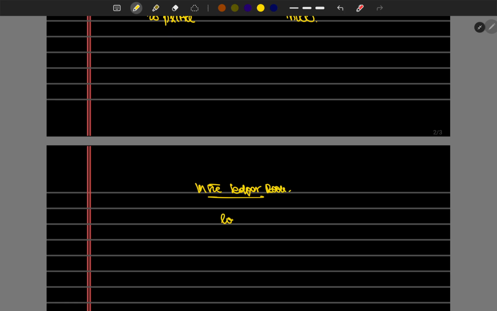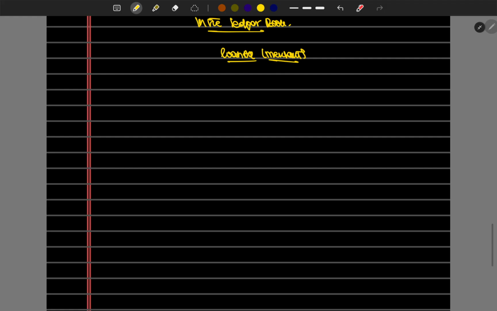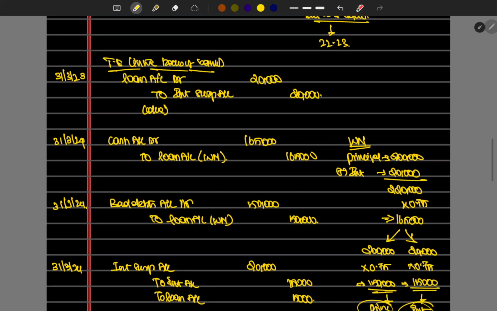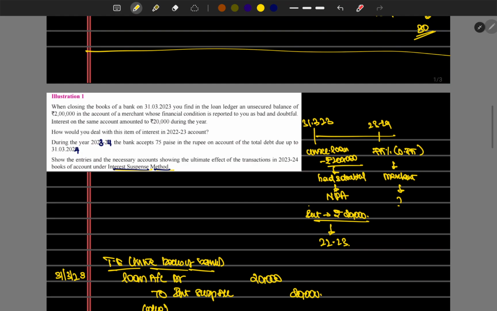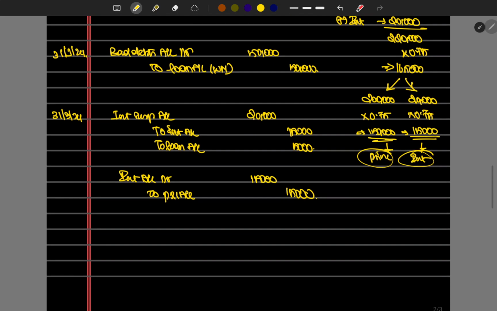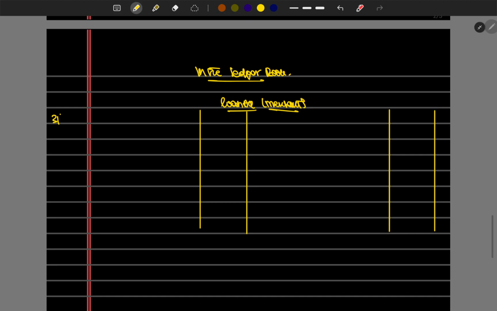Okay, loan account. This is the merchant loan account. What's the merchant's balance on 31/3/2023? This is 2 lakhs, right? 31/3/23, balance brought down, which is 2 lakhs.